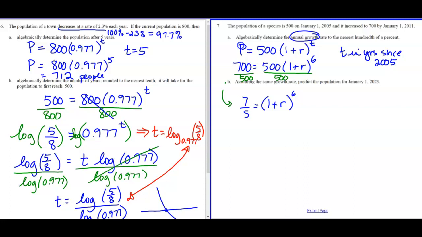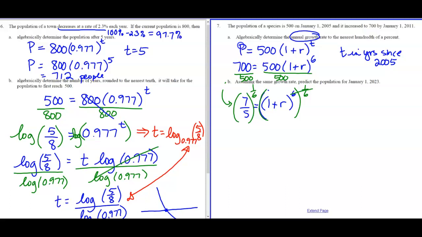But now, to get that by itself, what's the opposite of raising something to the exponent 6? 6th rooting, or you could even easier show it to the 1/6. I mean, the 6th root, you have it in your calculator, the capability of doing that, but raising to the exponent 1/6 is a little bit easier.